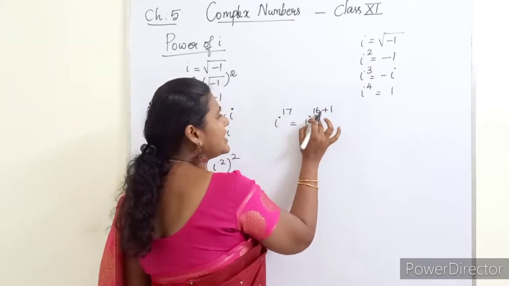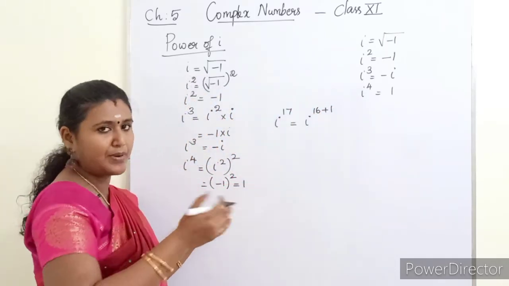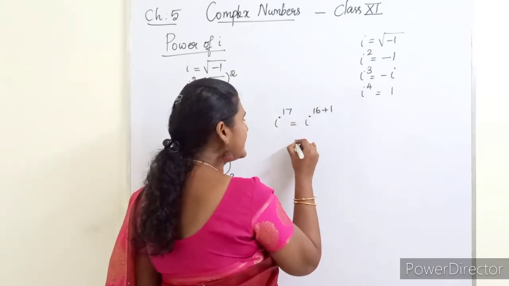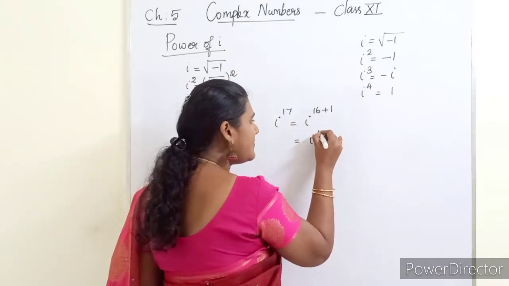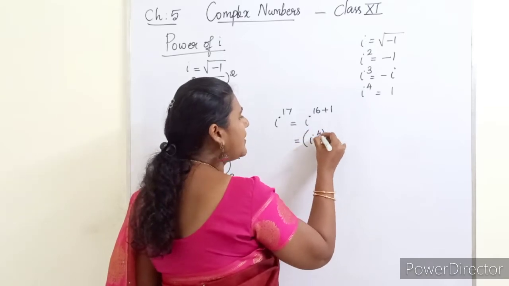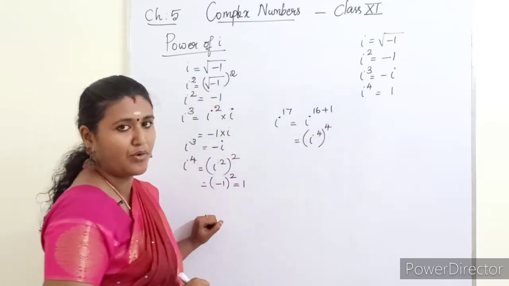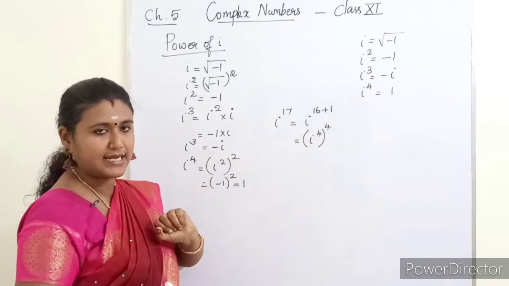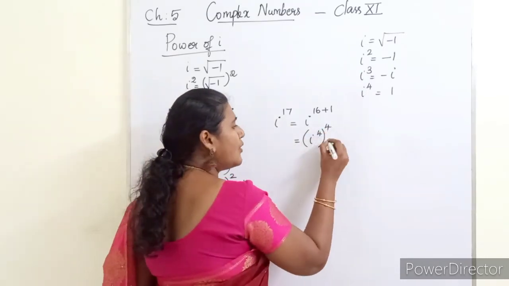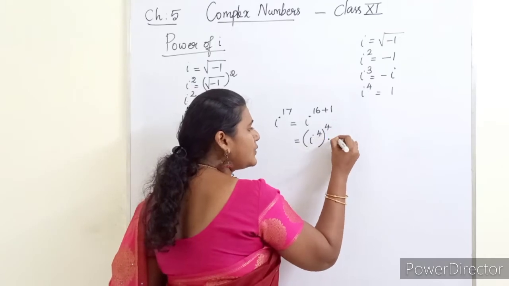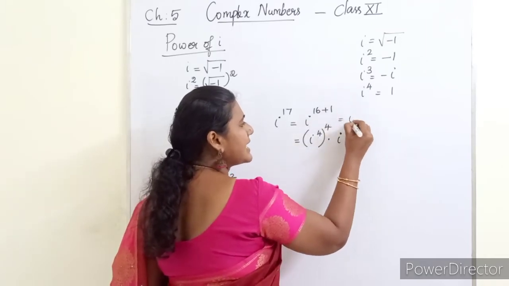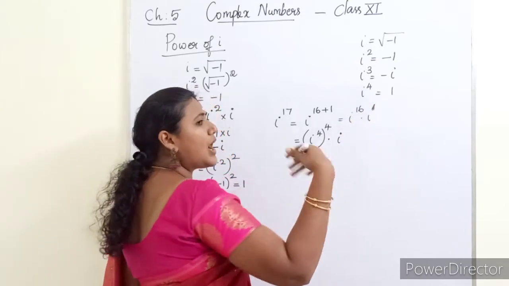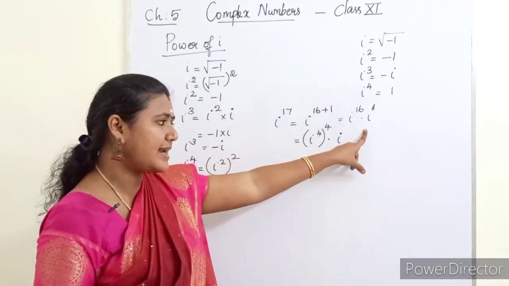So 17 we can write as a multiple of 4 plus some number, that is 16 plus 1. Why are we writing like this? Because this 16 we can write as i power 4 the whole power 4, since 4 into 4 is 16. So i power 4 the whole power 4 into i, which is actually i power 16 into i power 1, using the law of exponents.